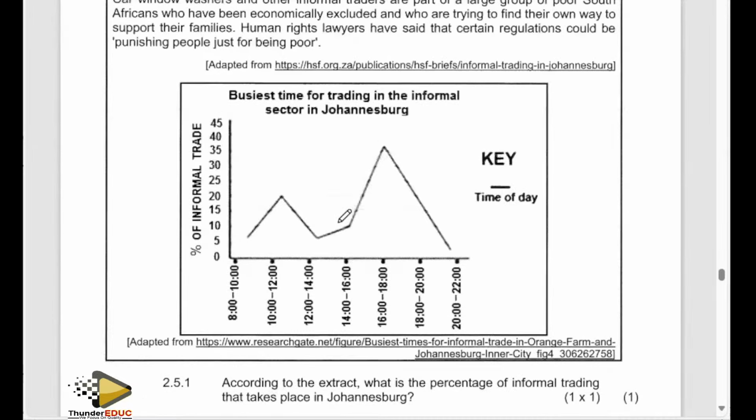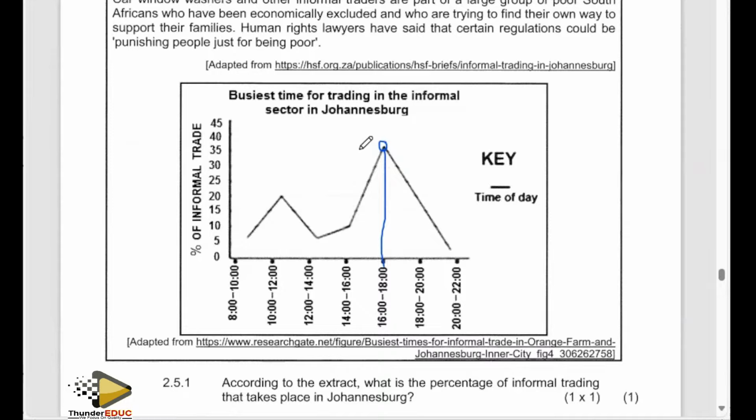We go to our graph and identify the highest point of our line graph. We are seeing that the highest point is here. That is where we find the highest activity taking place. Percentage is on this side, and we check is slightly somewhere around 35%. Then we go to our horizontal axis. We want to identify the time here. We tend to find that this is the time at which we reach the peak of our economic activity happening in the informal sector in Joburg.